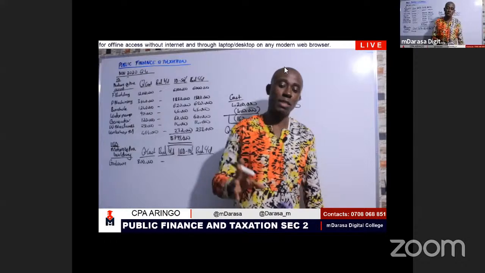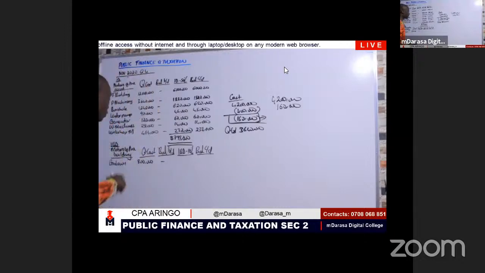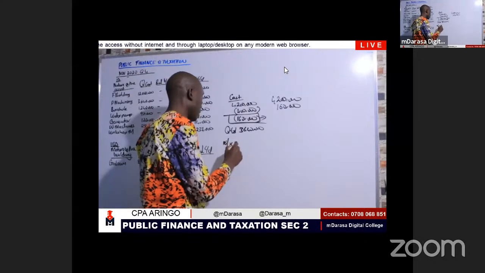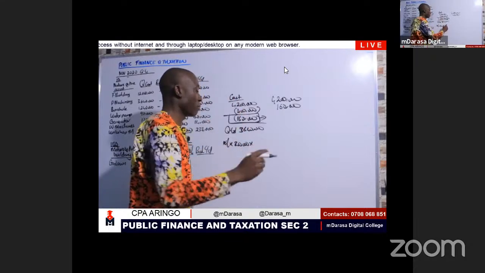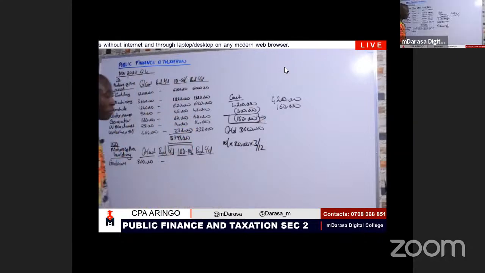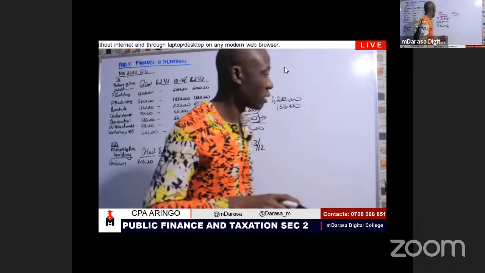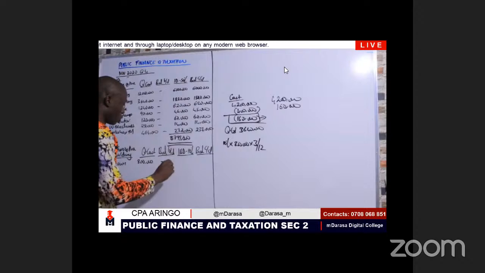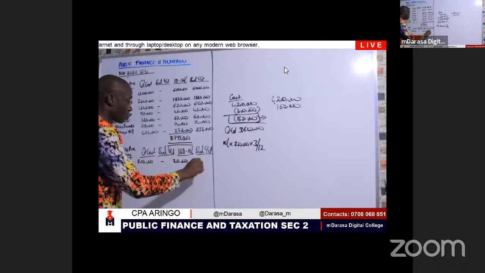So if we started operation on 1st October, IBD for this item is 10% of that 800,000, but I'm going to consider the time period: October, November, December. How many months? Three, so 3/12. You should be very keen with the date that you are given. So how much? 20,000.